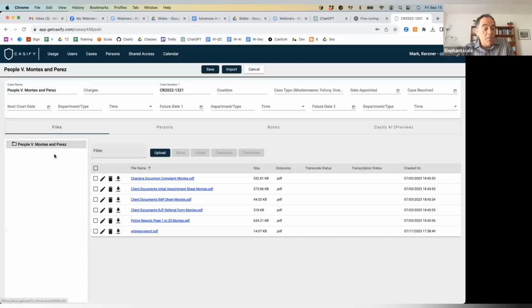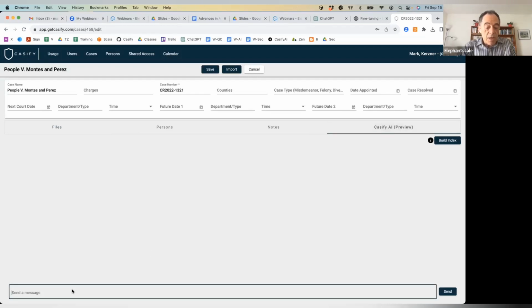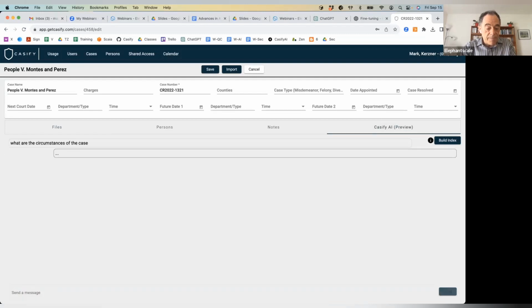Here we're looking at maybe a specific case that has the documents, and here's the AI. And that AI allows you to ask questions. You can say, what are the circumstances of the case? And it should answer that.